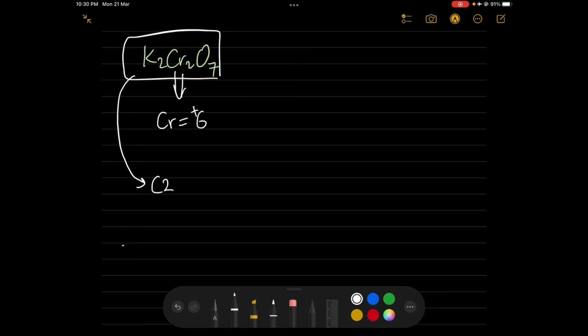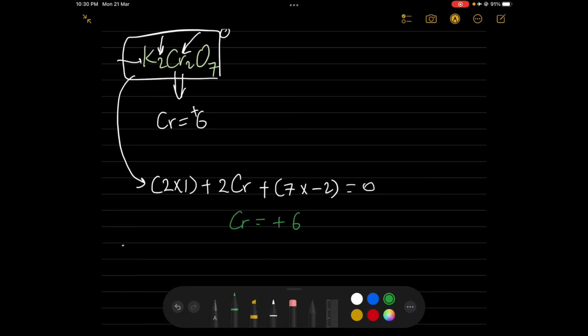We have 2 potassium atoms, and the oxidation number of potassium is 1 according to the oxidation rules. Here we have 2 chromium atoms, so 2 times Cr, which is unknown, and we have 7 oxygens, and the oxidation number of oxygen is -2. The total is 0 because we have 0 overall charge. After doing some calculations, you will notice that it's plus 6.